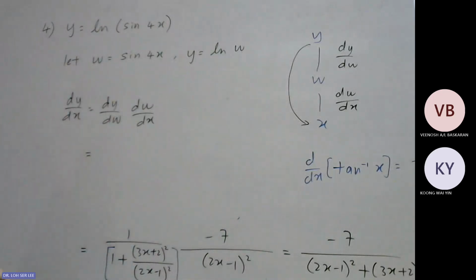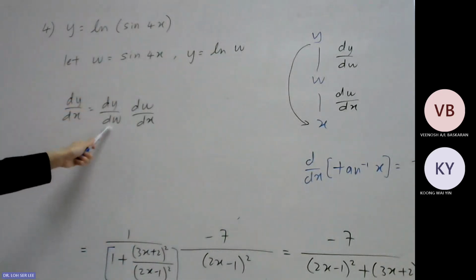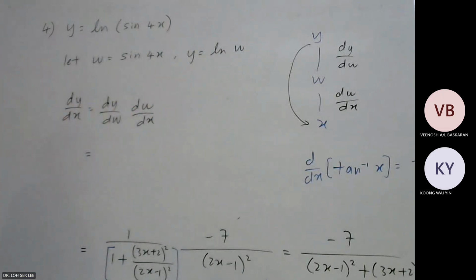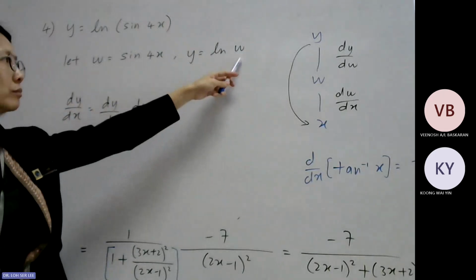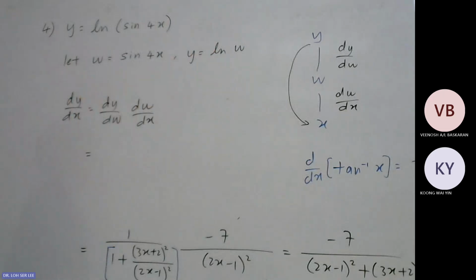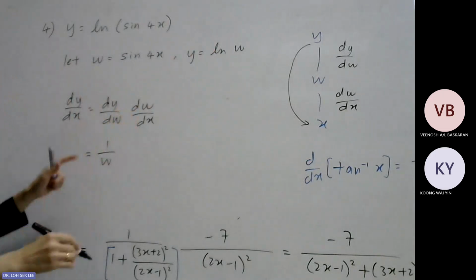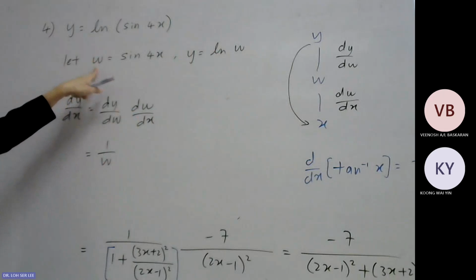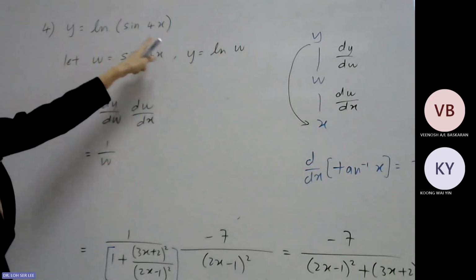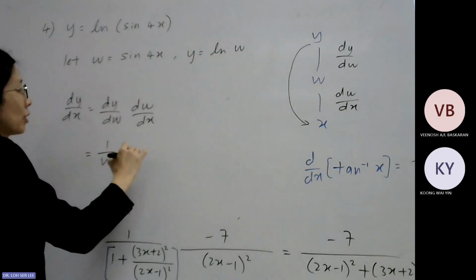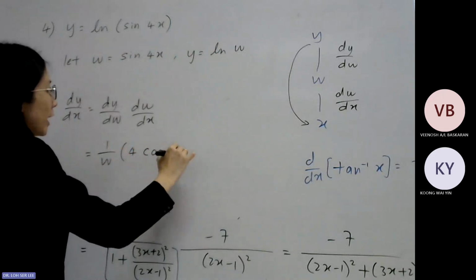Okay, so dy/dw, you get 1 over W. Then dw/dx, differentiate this one with respect to x, you get 4 cos 4x.